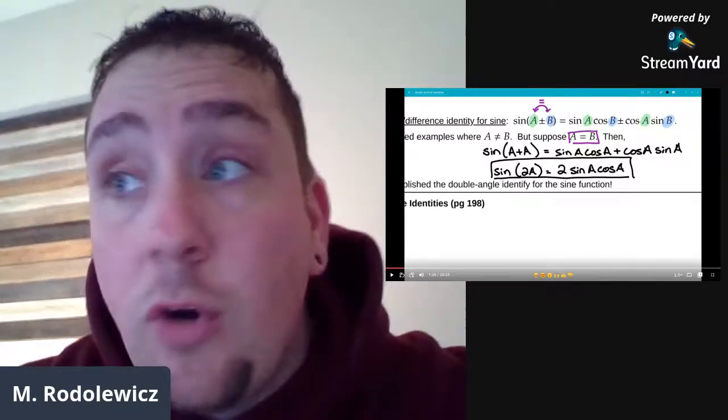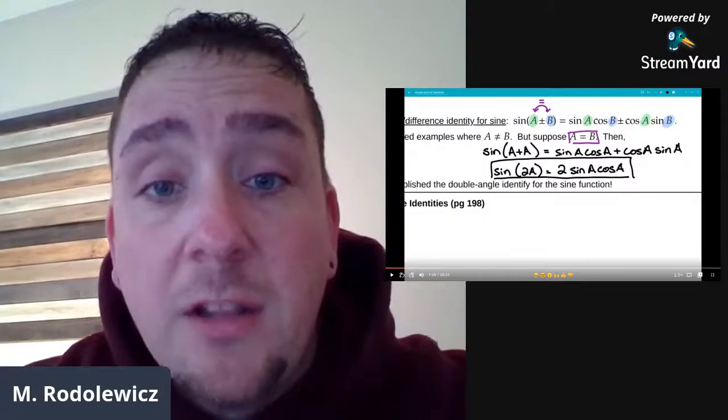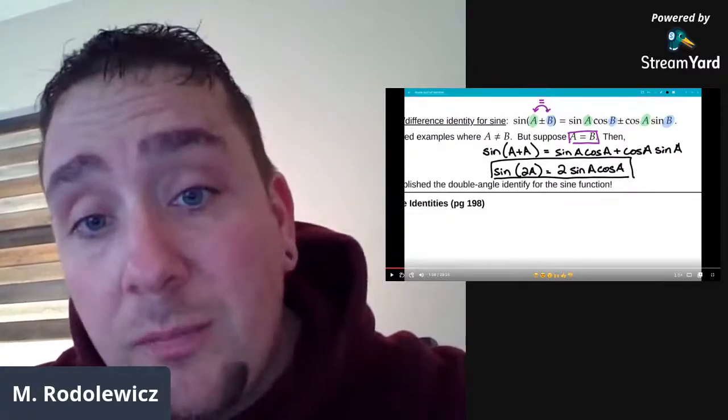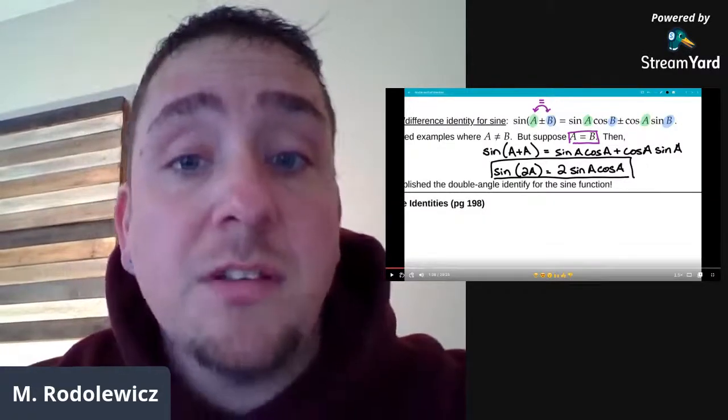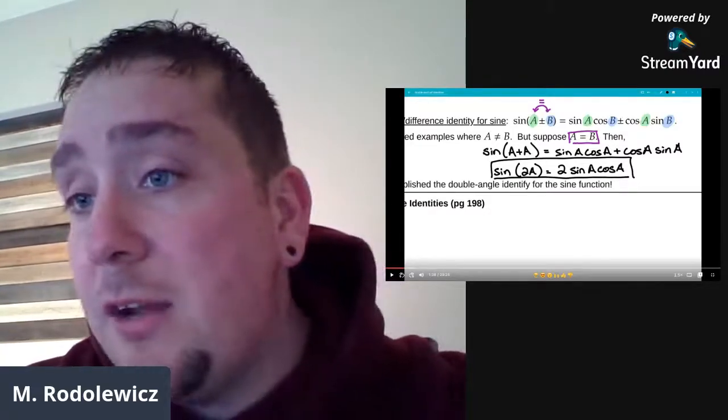And that's it. This is called the double angle identity for sine. The sine of twice an angle is equal to 2 times the sine of that angle multiplied by the cosine of that angle.